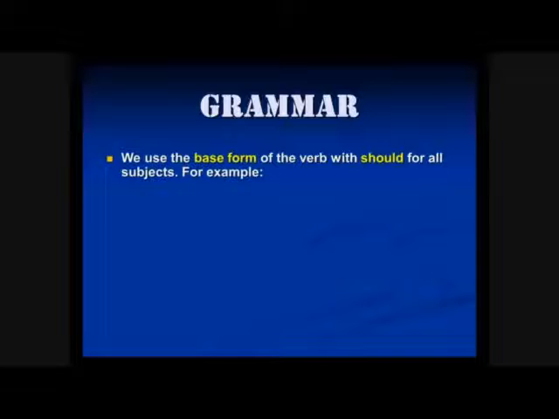Grammar 1. We use the base form of the verb with should for all subjects. For example, I have COVID-19.